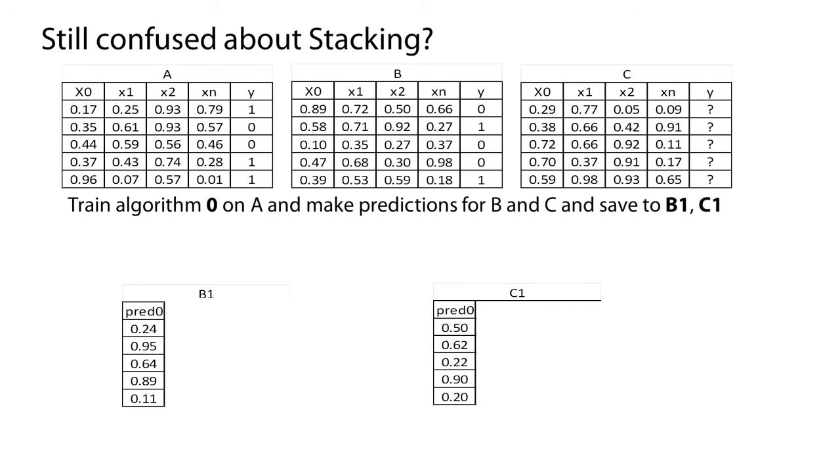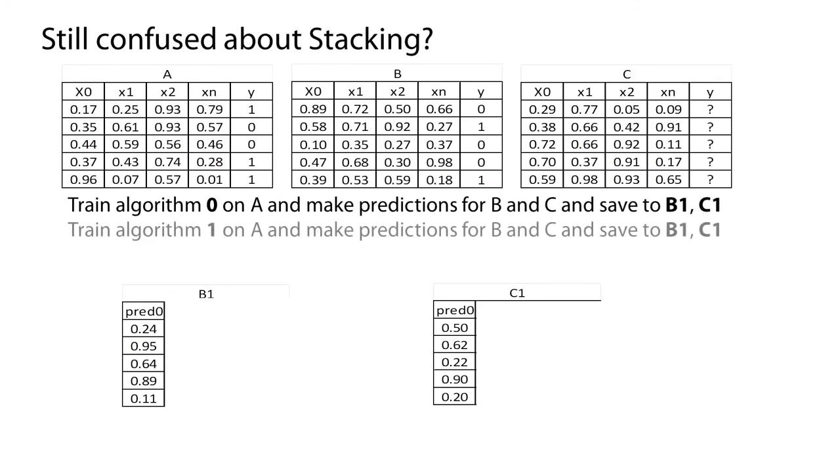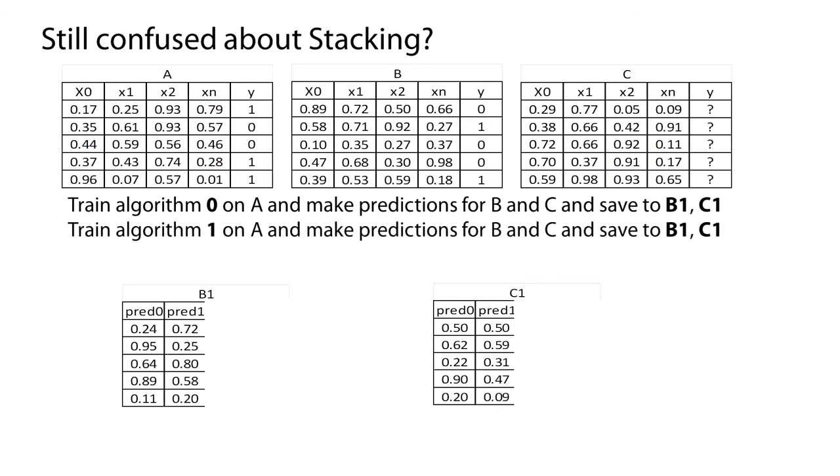And now we're going to do this again with a new algorithm, and we stack, or put, these predictions in the B1 and C1 datasets. And you can see where the word stacking refers to, because each prediction gets appended as a column next to each other.